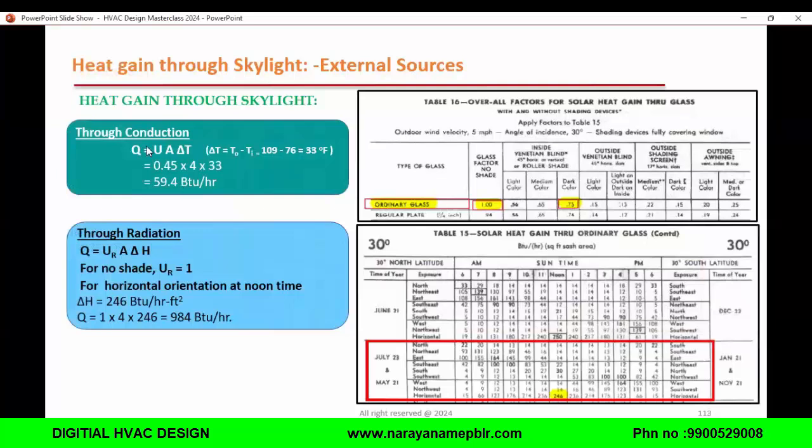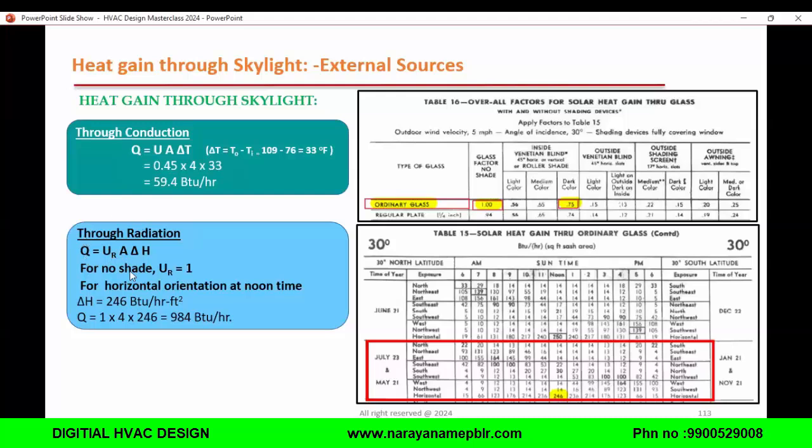Similarly for the skylight part, conduction and radiation. Conduction: outside minus inside. Radiation: del H you will find out from the table. Clear? U value you already know for the skylight. Area is 4, del T outside minus inside.